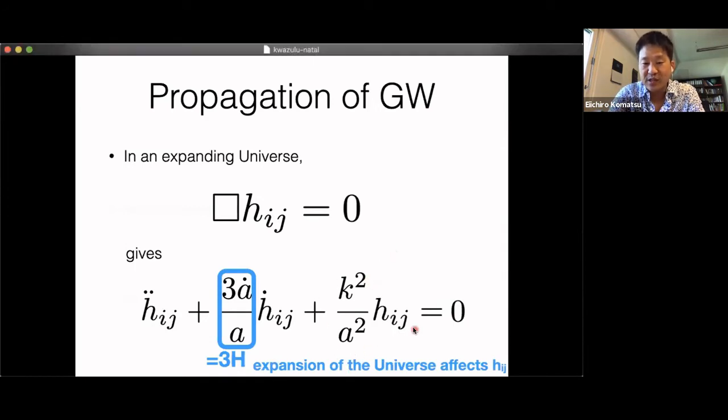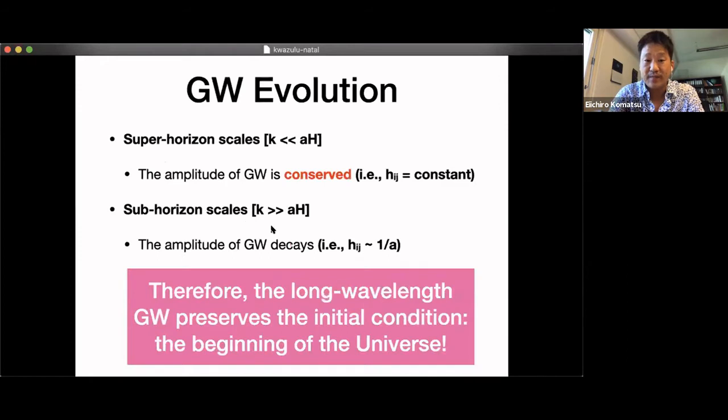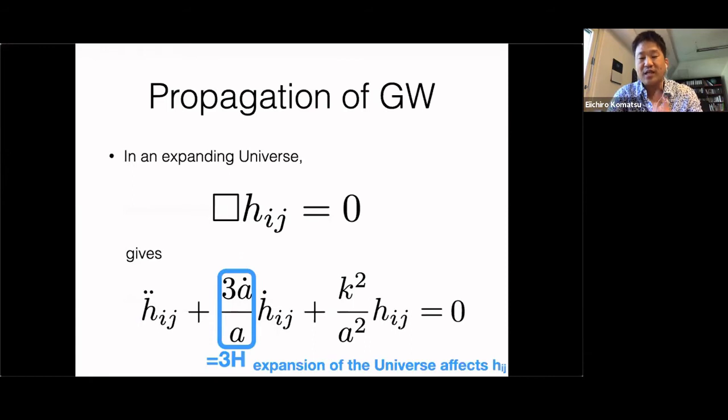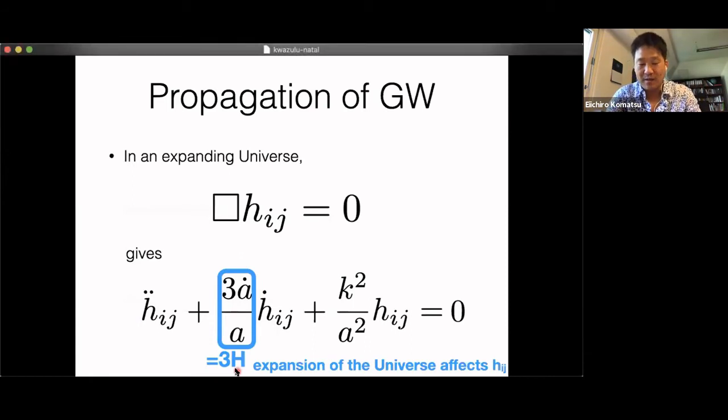So you compare this term with that term. When this term is dominating over that, you have a wave equation and you have an oscillating solution. Sub-horizon scales oscillate and the amplitude decays. But on super-horizon scales where this term is negligible, when the wavelength of the fluctuation is bigger than the Hubble length, this is the dominant term, and the solution of this is that h_ij is a constant.